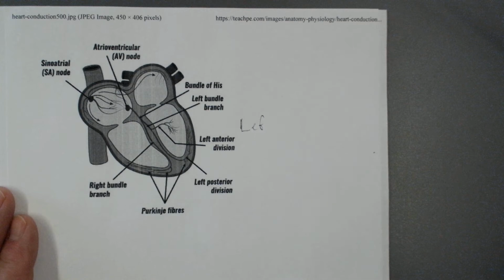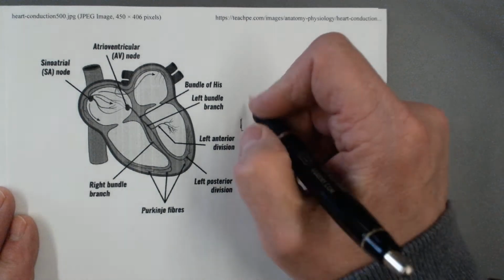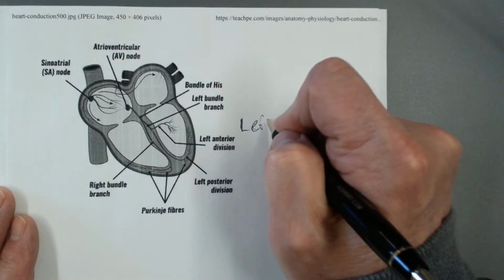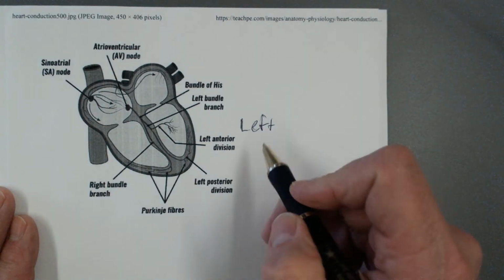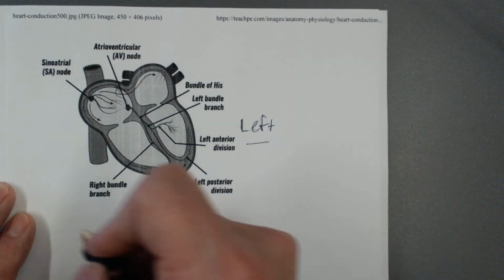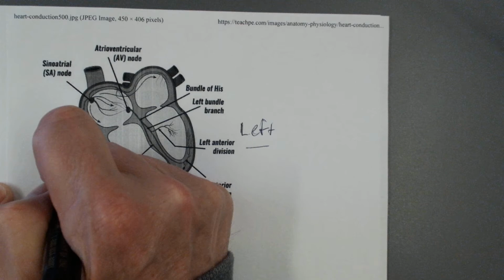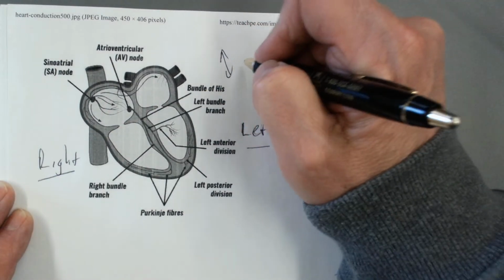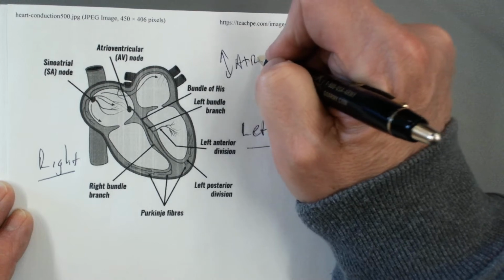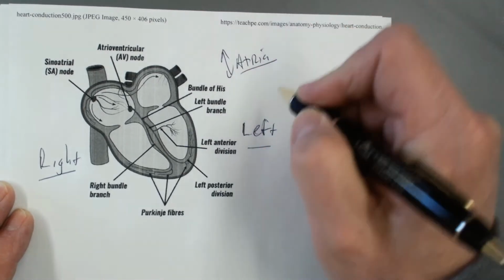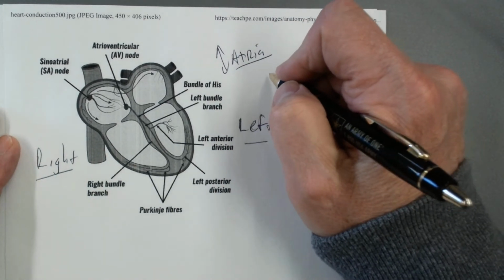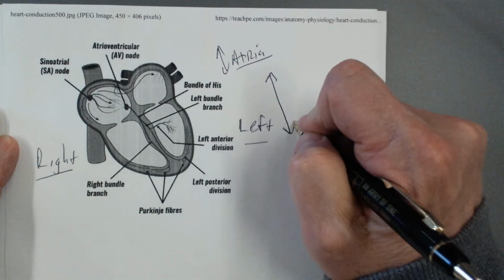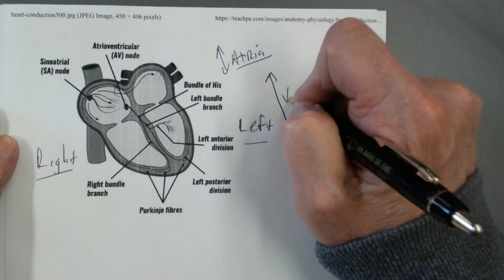That doesn't write very well, so let's try something that writes a little better. So there's the left, and here's the right. And these are the atria. Those are the upper chambers. And these down here, those are the ventricles.